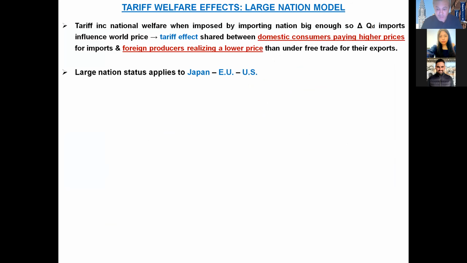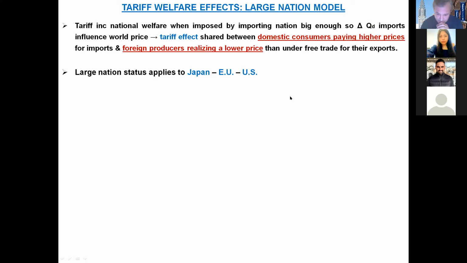Okay. We're talking about tariffs in a large nation, right? Well, the difference in a large nation is that exporters into a large nation have an incentive to do what? If the U.S. imposes a tariff, Japanese exporters have an incentive to do what on the tariffs that the U.S. imposes?